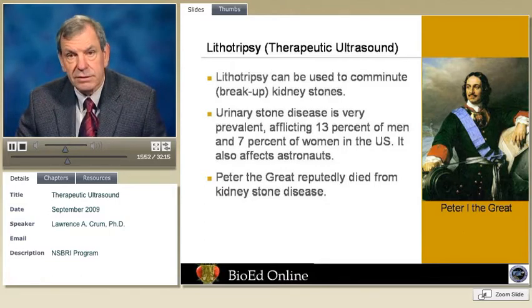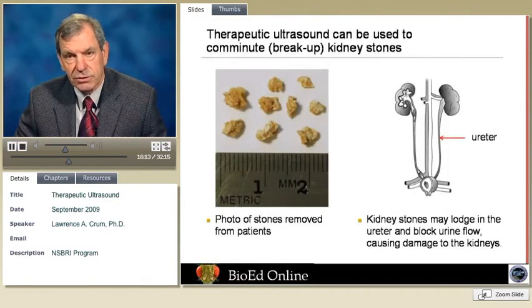It turns out, of course, that astronauts do lose a lot of calcium when they're in space because they don't stress their large bones. And so there have been several incidents of kidney stone formation in space, and anecdotal information that one of the cosmonauts got an impacted stone, as it shows in this next figure.